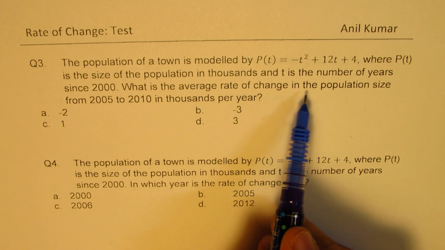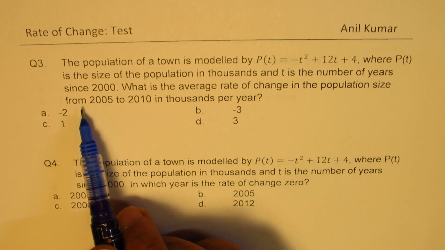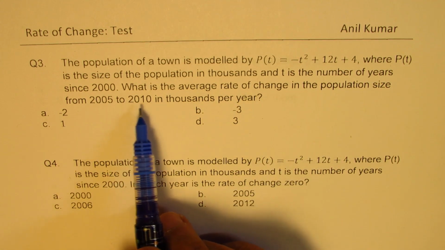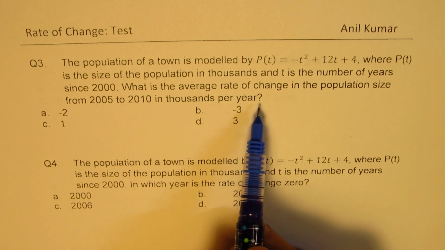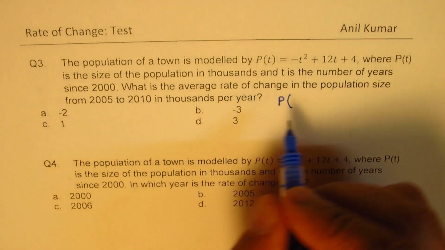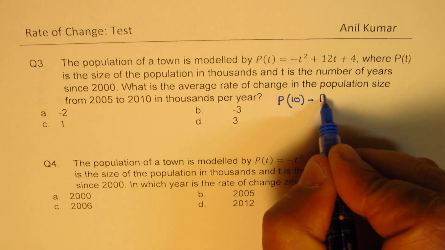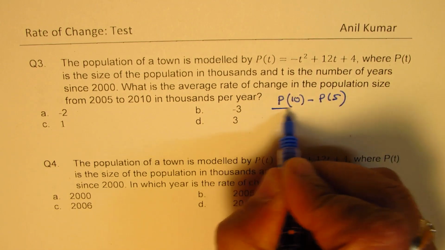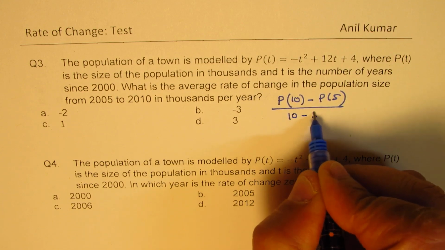What is the average rate of change in population size from 2005 to 2010 in thousands per year? So basically we only need to calculate P of 10 minus P of 5 divided by 10 minus 5, correct?